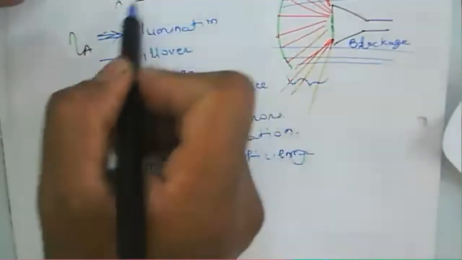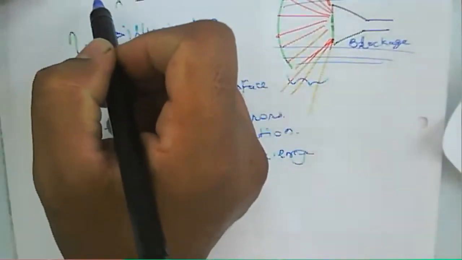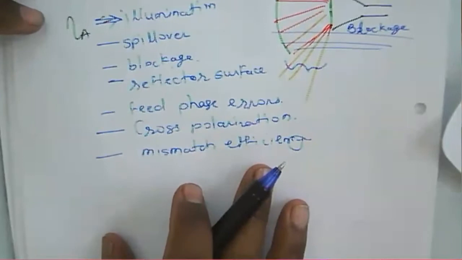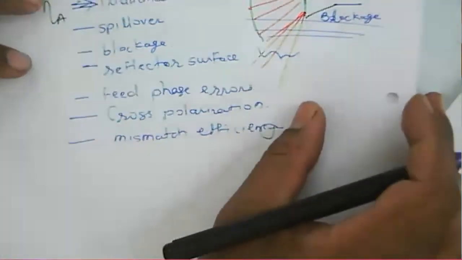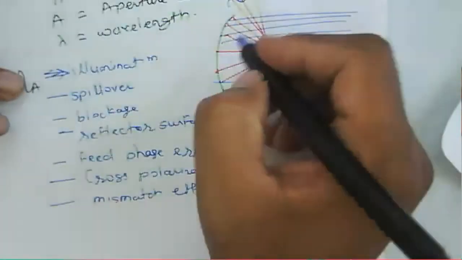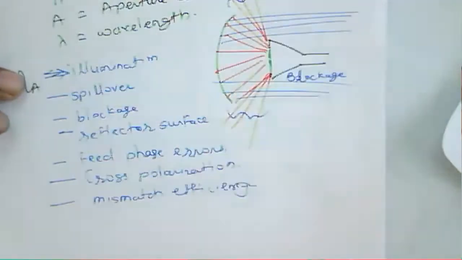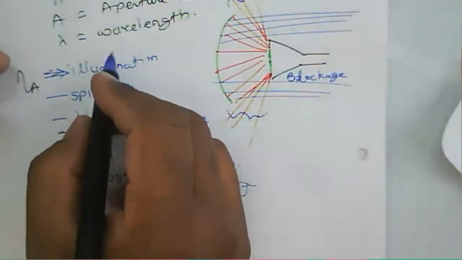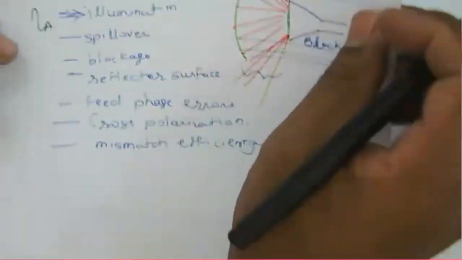Based on that, we can calculate the aperture efficiency of the antenna for a circular aperture. If you consider a circular shape, that will be the parabolic area, and according to that we get the efficiency.